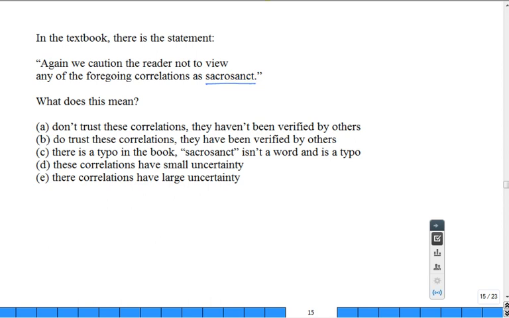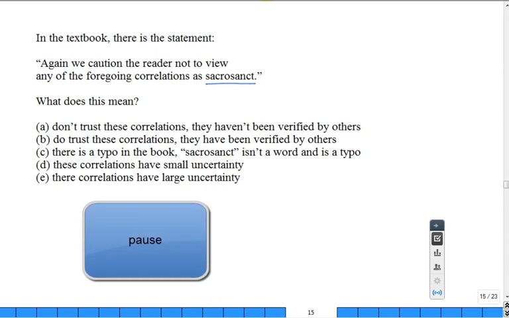Don't trust these correlations, they haven't been verified by others. Or do trust these correlations, they have been verified by others. Or there's a typo in the book and sacrosanct isn't a word. Or these correlations have small uncertainty. Or these correlations have large uncertainty. Choose the best option.